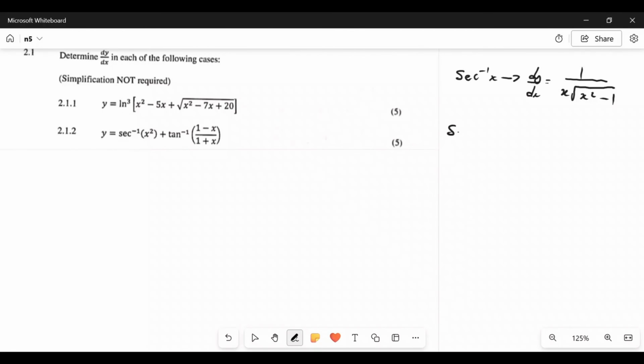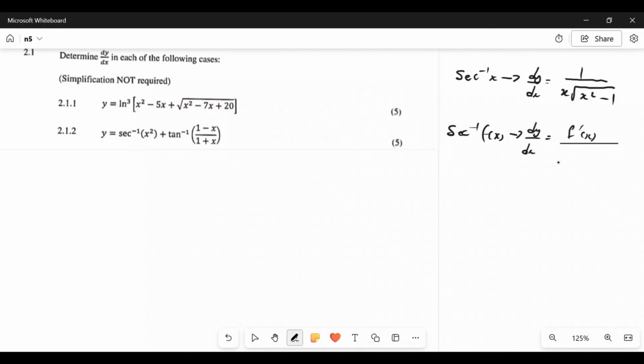All right, you can also write it like this, arc sec f of x. Instead of writing x, you substitute with f of x. Then when we derive this one, it's going to be dy over dx. Okay, we're going to have f of x prime on the numerator. Instead of writing this one, it's f of x prime divided by.